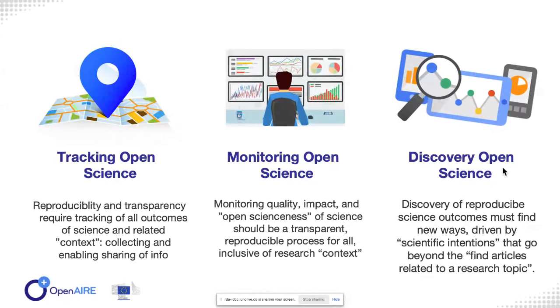For example, you want to find data sets that have been reused in at least 3 different disciplines, and that have been, let's say, endorsed and processed by a number of services, etc. These kinds of searches are harder to think of today.